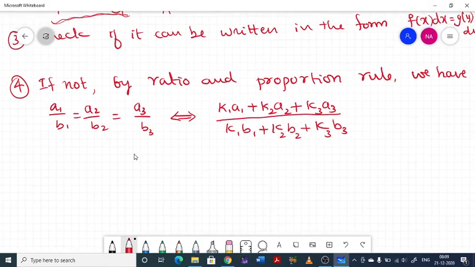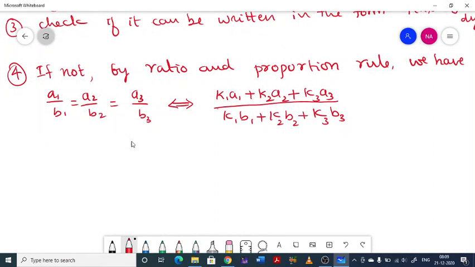Now I have to use this rule here. Choose multipliers. k1, k2, k3 are called multipliers.